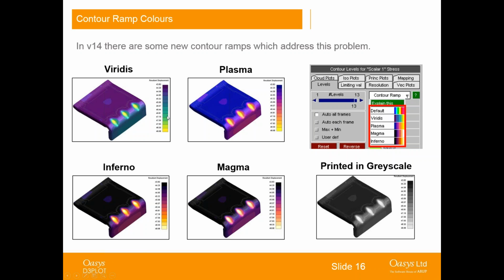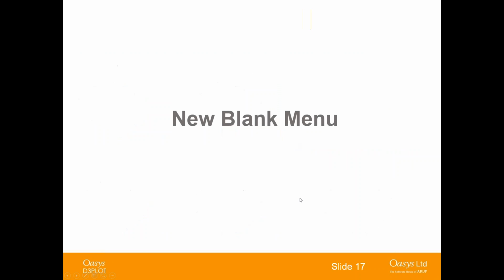This is an example of a particular stress plot. It's the resultant displacement shown in the various different contour ramps, and in grayscale we can see that it's actually much clearer to distinguish the various contour values.